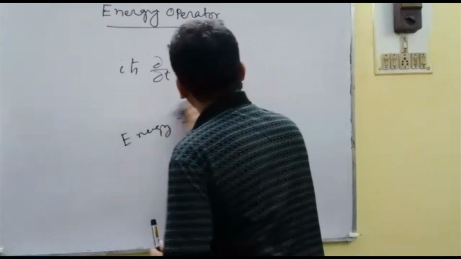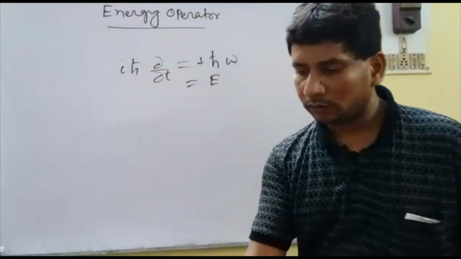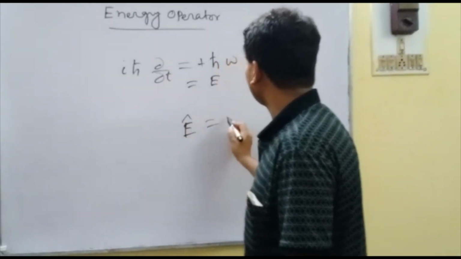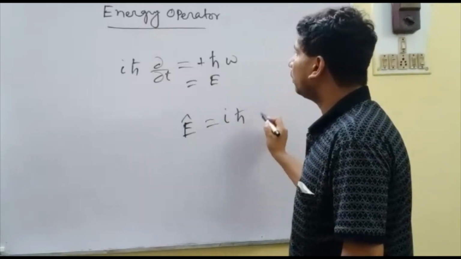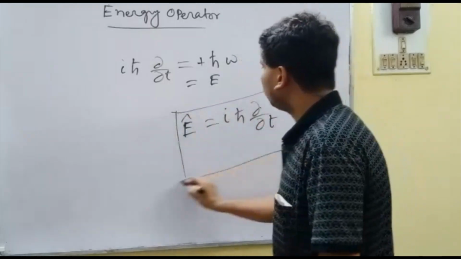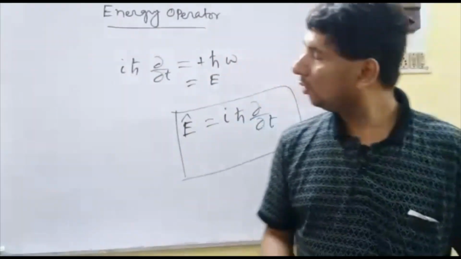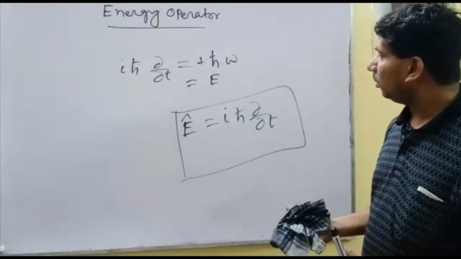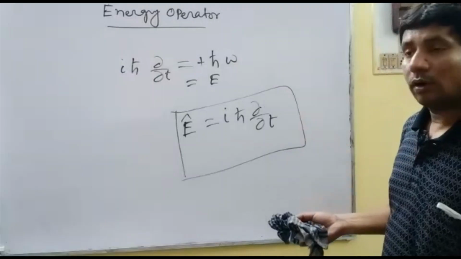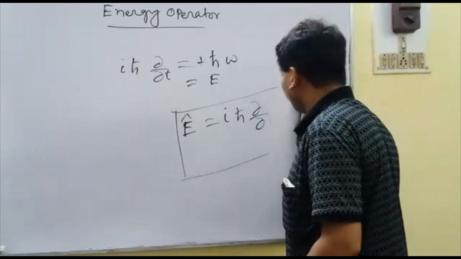And E, if it is an operator, then this is actually i a squared del t. This is the energy operator. We can use this to get energy from the wave function.